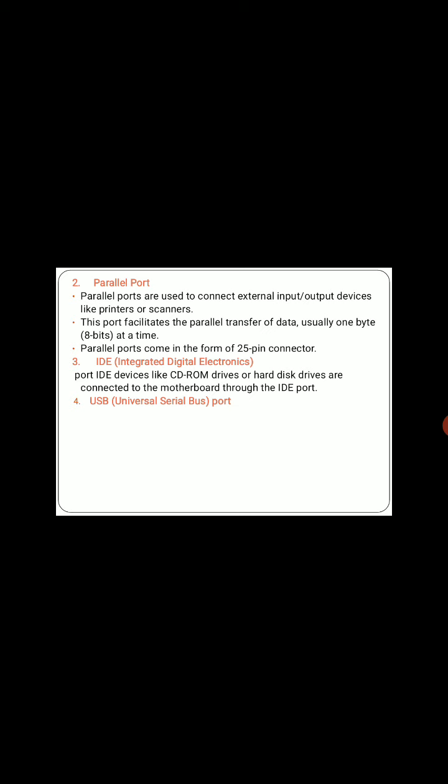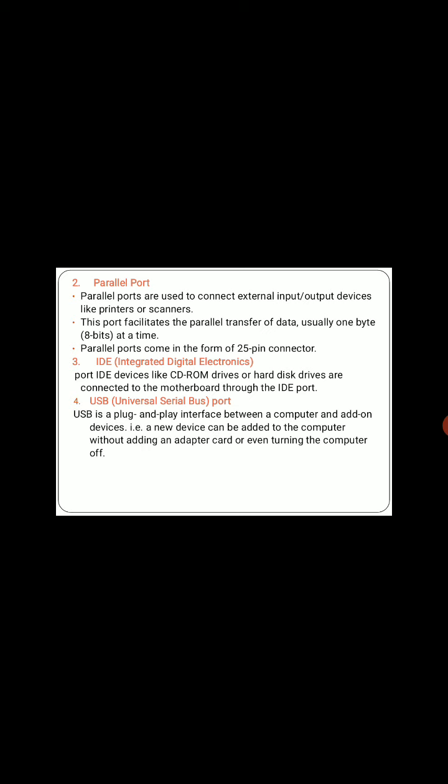Why do they come with the USB port? See, what is the advantage of USB? USB is a plug and play interface between the computer and add-on devices. Add-on means you can add any devices, it may be keyboard, mouse, printer, whatever. For example, a new device can be added to the computer without adding an adapter card or even turning the computer system off.